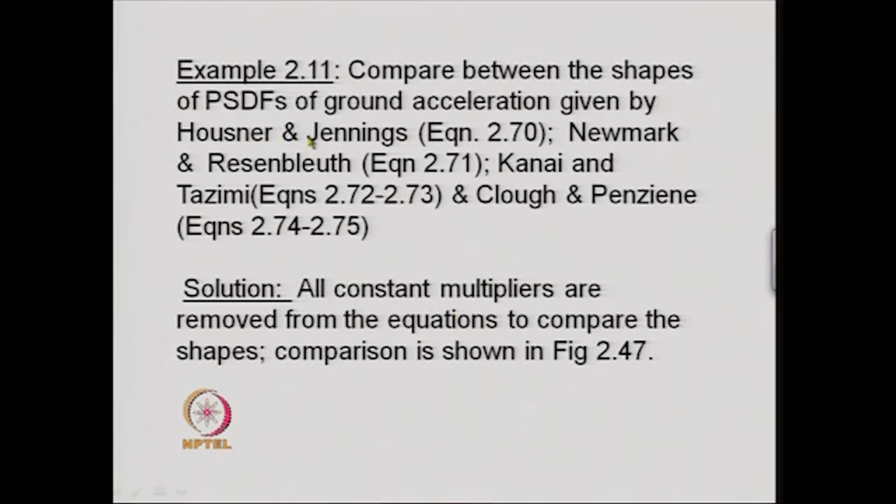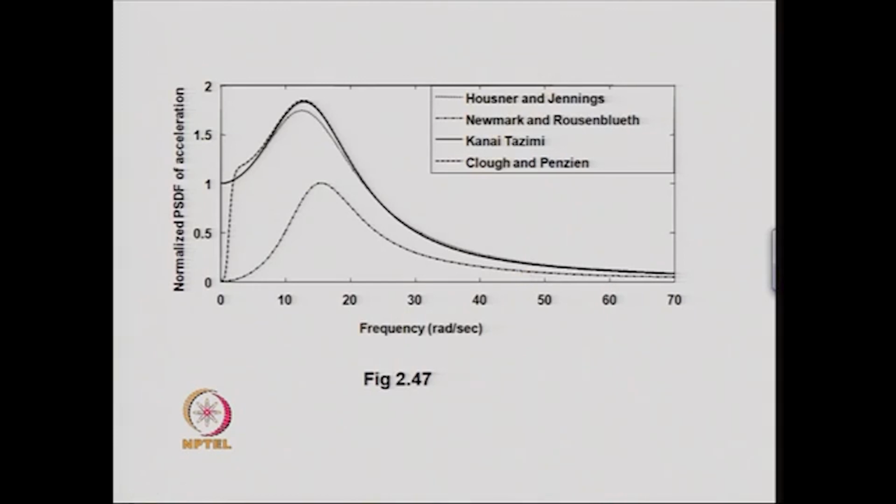For example, Housner and Jennings, Newmark and Rosenblueth, Kanai and Tajimi, and Clough and Penzien. Kanai-Tajimi and Clough-Penzien are widely used for most of the analysis, and we see that there is a very good matching between Clough and Penzien, Kanai-Tajimi and Housner, Jennings, whereas the Newmark and Rosenblueth tends to differ quite a bit from them.